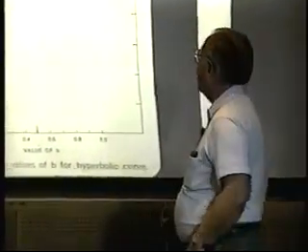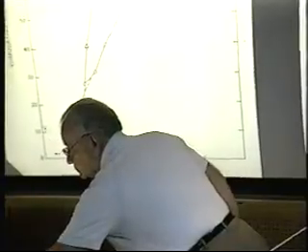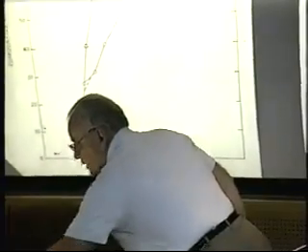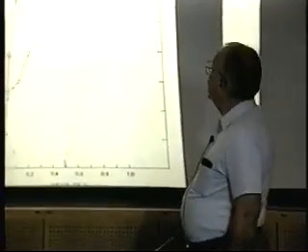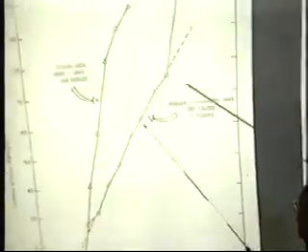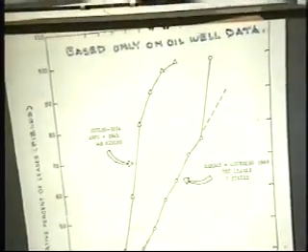Arps had made a plot of the cumulative percent of leases or fields versus the decline exponent B, using Cutler's data, and there was about 149 fields.